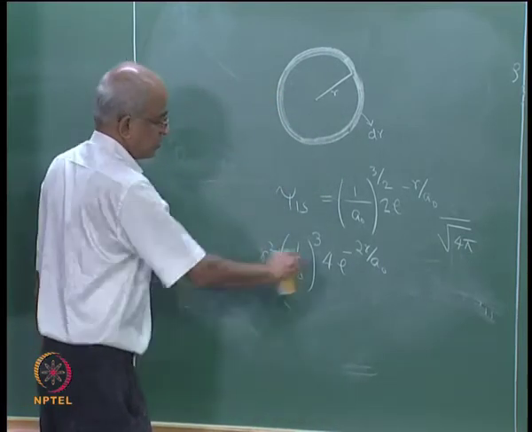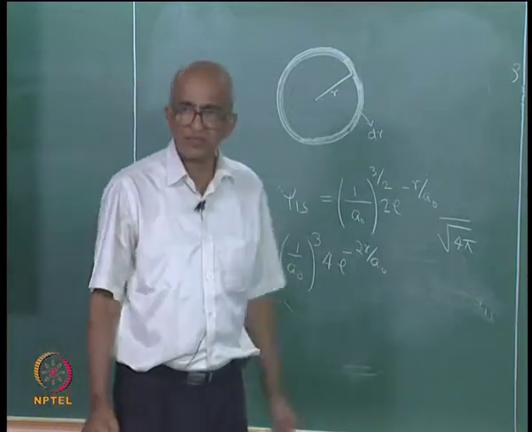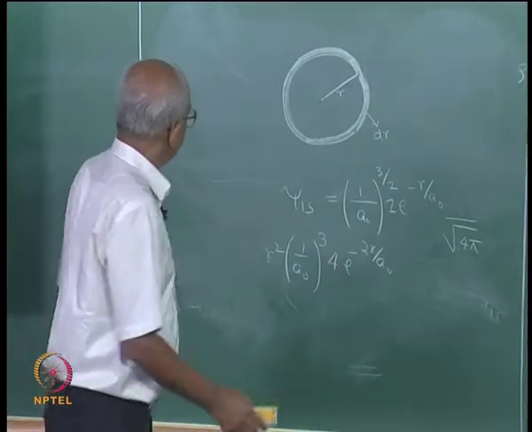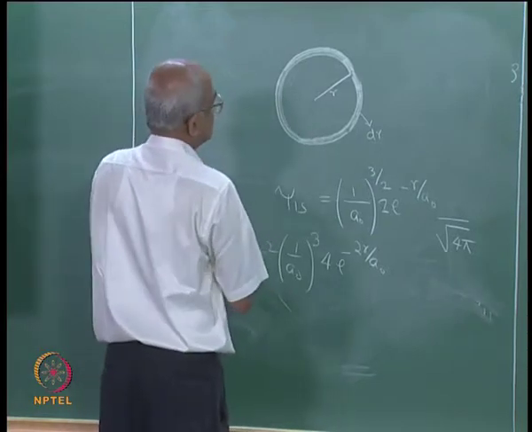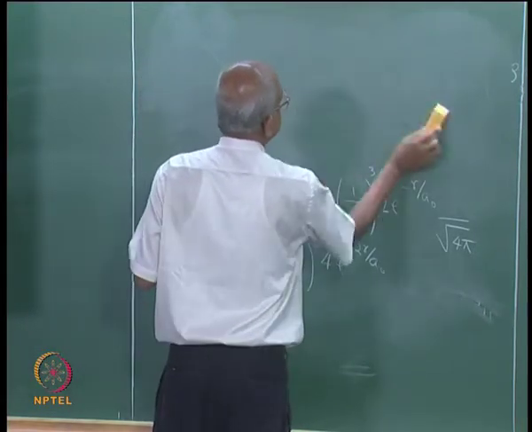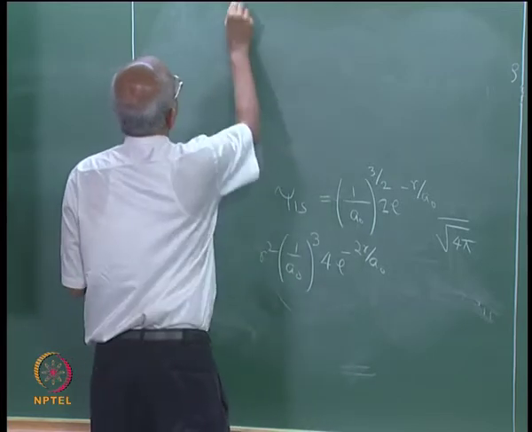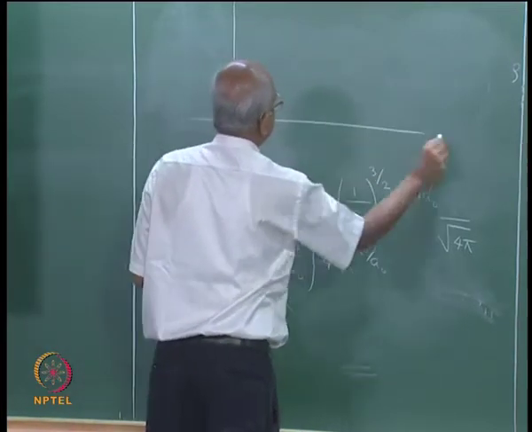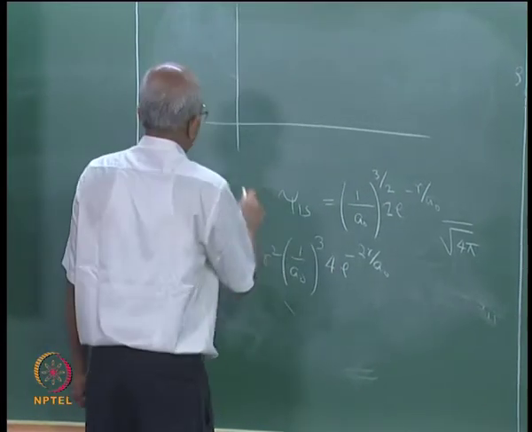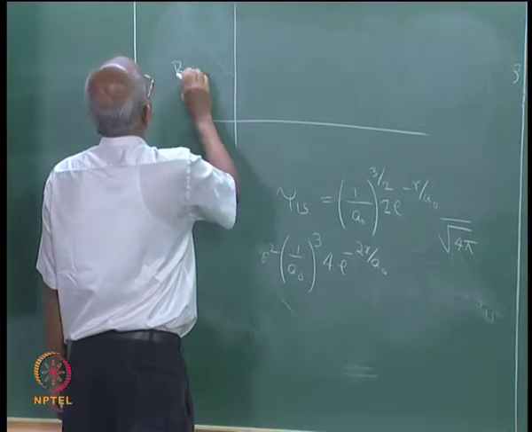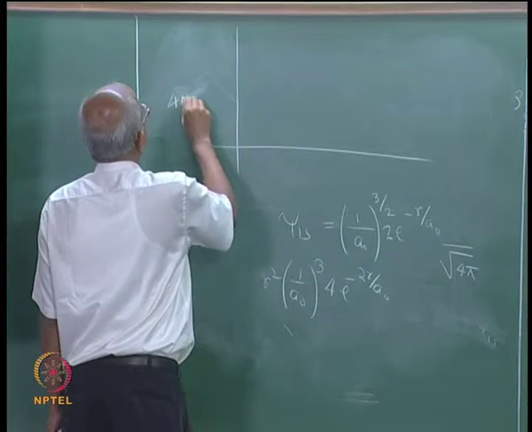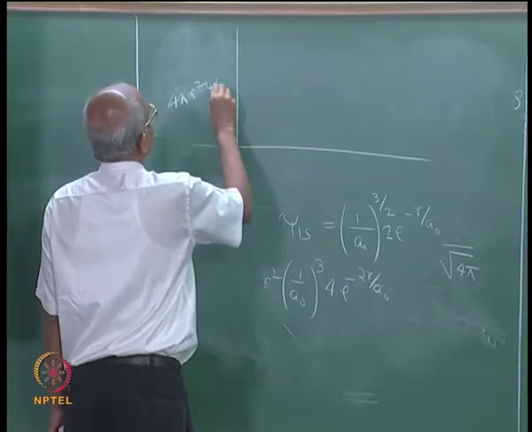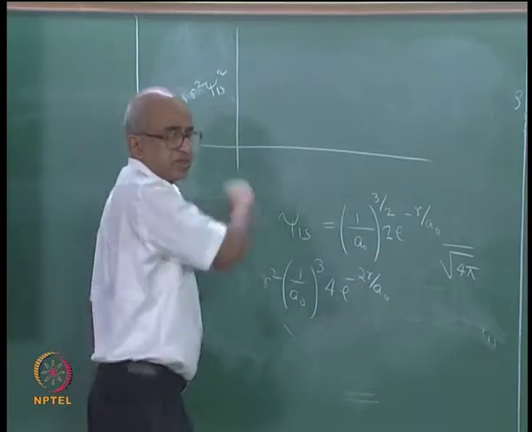So, the function actually is quite simple, it is just this. And suppose you make a plot of this against the distance r. What are you going to get? This is a radial distribution function, which is actually nothing but 4 pi r square psi 1s square. This is what the object is.